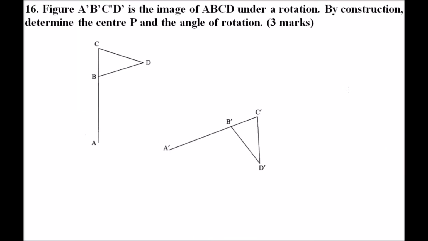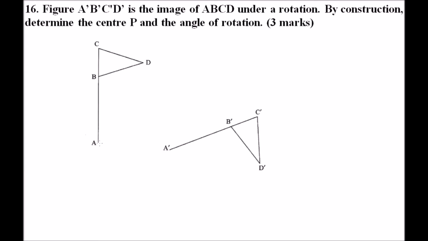Question number 16, we are told the figure ABCD is an image of ABCD under a rotation. By construction, determine the center P and the angle of rotation. We'll be able to do this question by, first of all, joining 2 points, the object and the image.